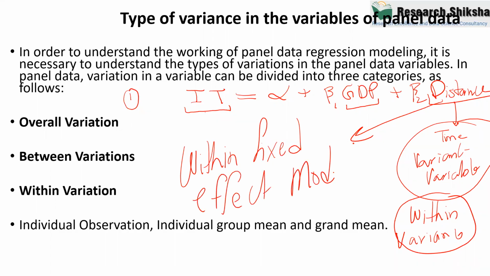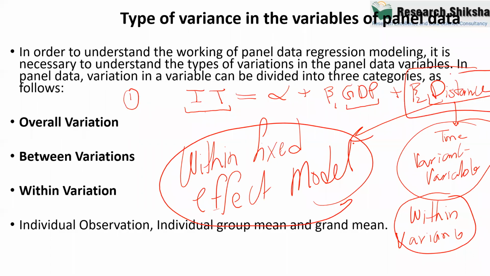Whenever you want to apply the within fixed effect model, you cannot take these kinds of variables in the model. When I discuss this within effect model, I will tell you, because this variable is time invariant, you cannot include it in the within fixed effect model. I hope you are getting the sense of why I am explaining all these things.